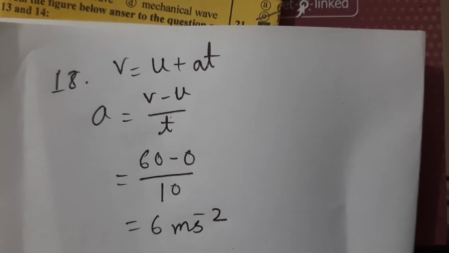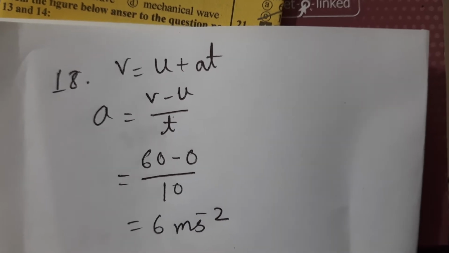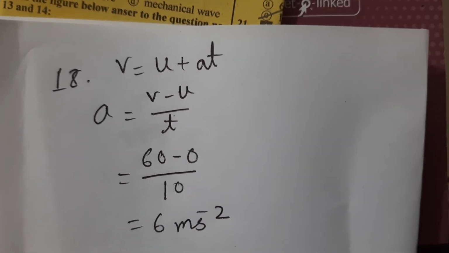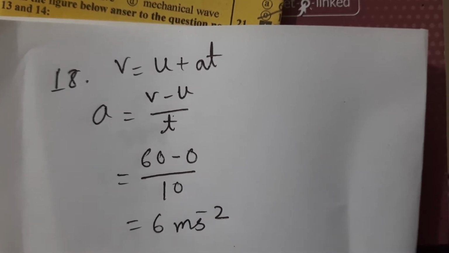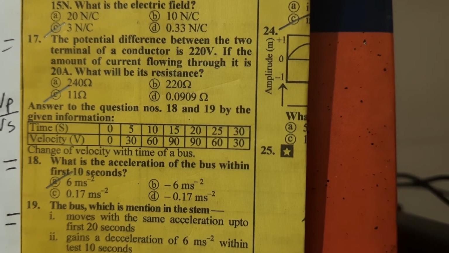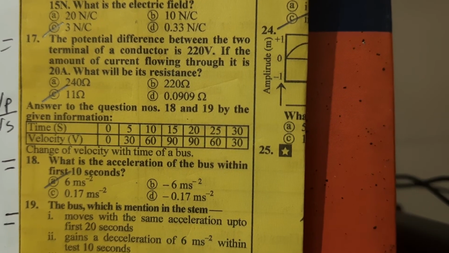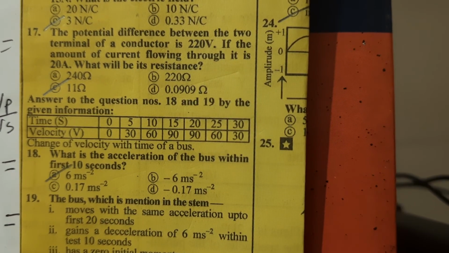So we can write V equal to u plus at, so a equal to v minus u by t. So 60 minus 0 by 10. So the answer is 6 meter per second square. So the answer of question 18 is 6 meter per second square, option A.